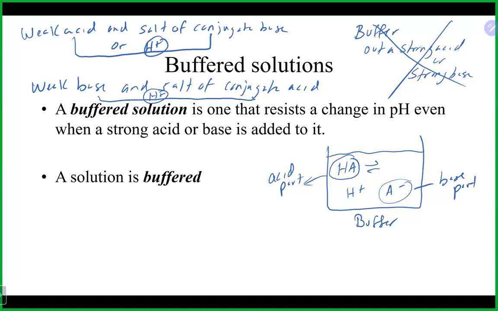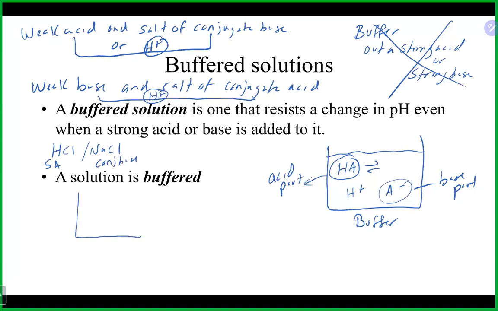A strong acid or a strong base is a strong electrolyte, which means when they go into solution, it will completely break apart and you'll only have really a base part. So for example, if you try to make a buffer out of HCl and sodium chloride, that's a strong acid and that is its conjugate base.